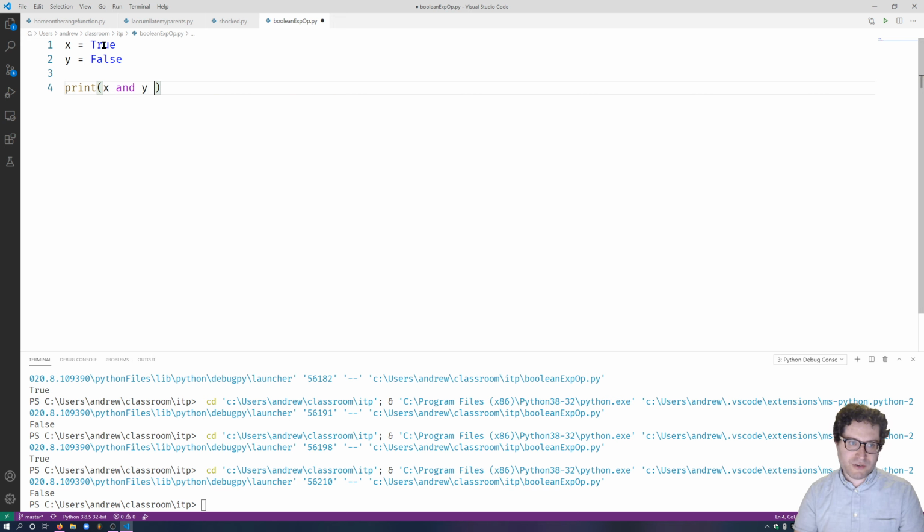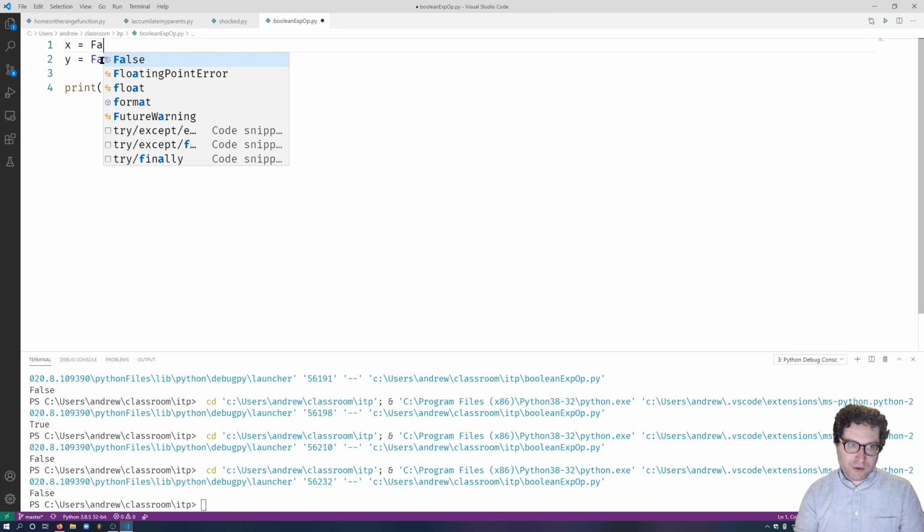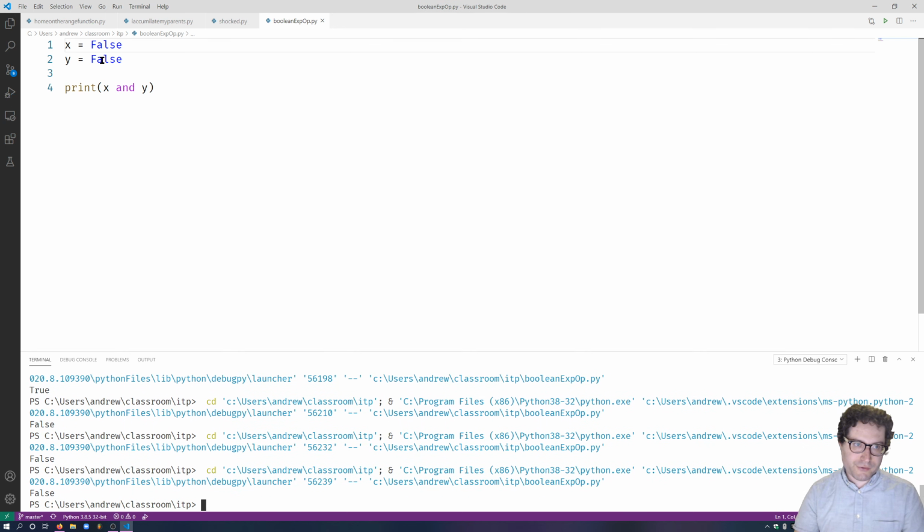I was just thinking for a second I could use a nested for loop here. So x and y gives us false. False and false gives us false. True and true, though, gives us true.